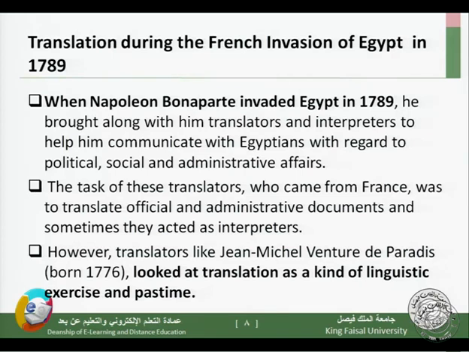Now, after the Abbasid, I would like to take you right away to the translation during the French invasion of Egypt in 1789.